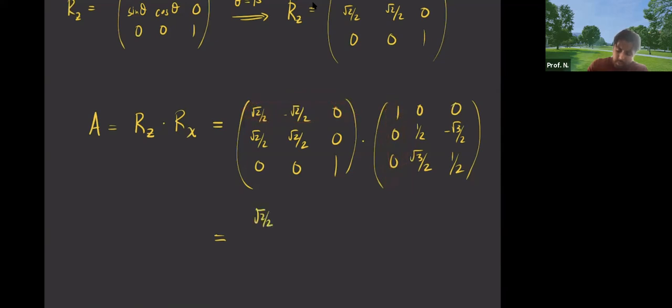You get rad 2 over 2, and then this becomes negative rad 2 over 4, and this becomes negative rad 6 over 4, and then this becomes rad 2 over 2, this becomes rad 2 over 4, and then this is negative rad 6 over 4 again, and then you get 0, you get rad 3 over 2, and then you get 1/2.